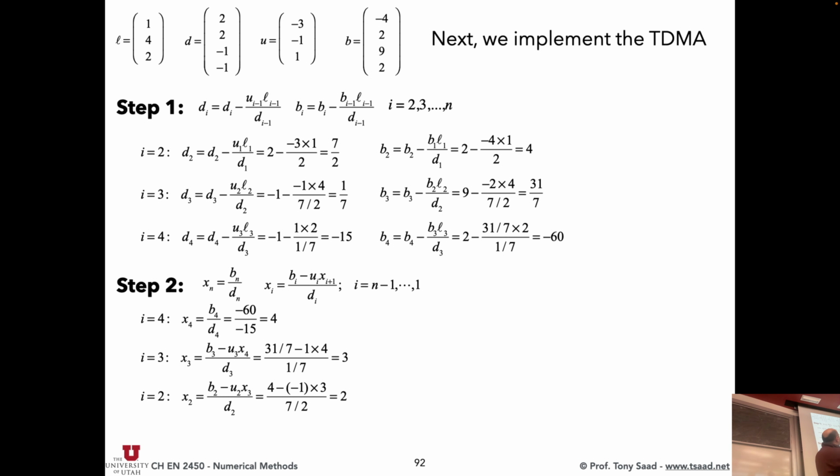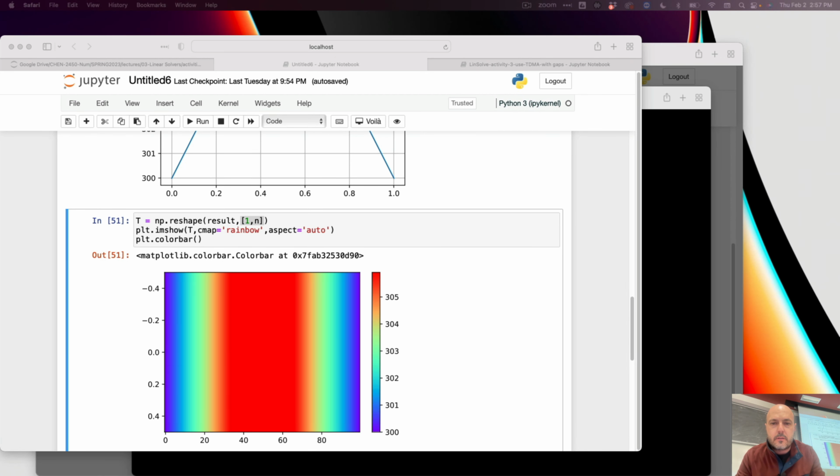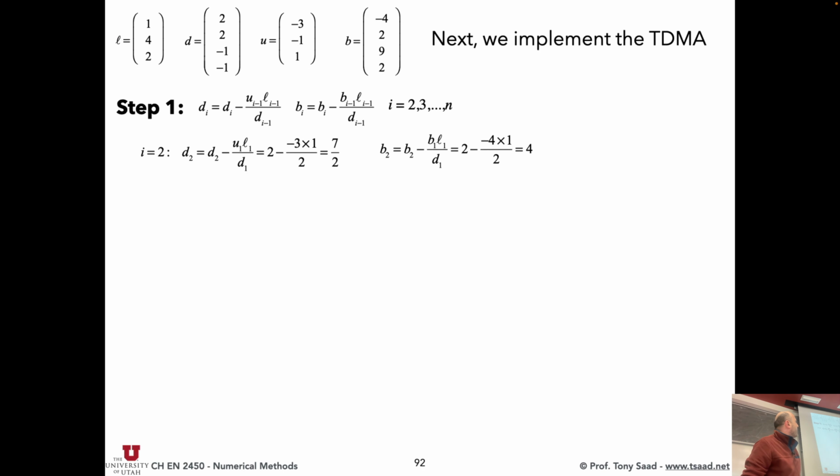So we got B2 right at least. So do 9 minus 16 over 7 over 2, which gives 31 over 7, okay? So I got the right answer at least, but the mistake is just that one, okay? Well, thank you for catching that. I will fix that, okay?